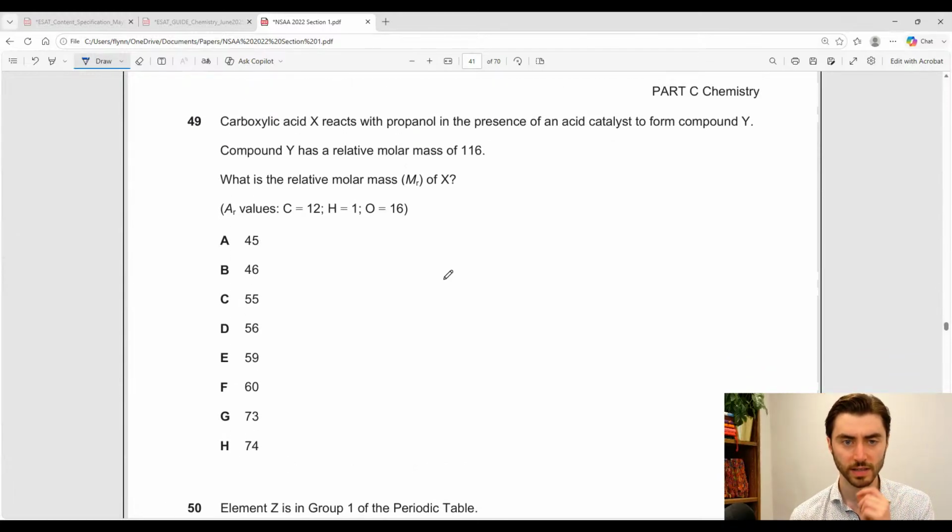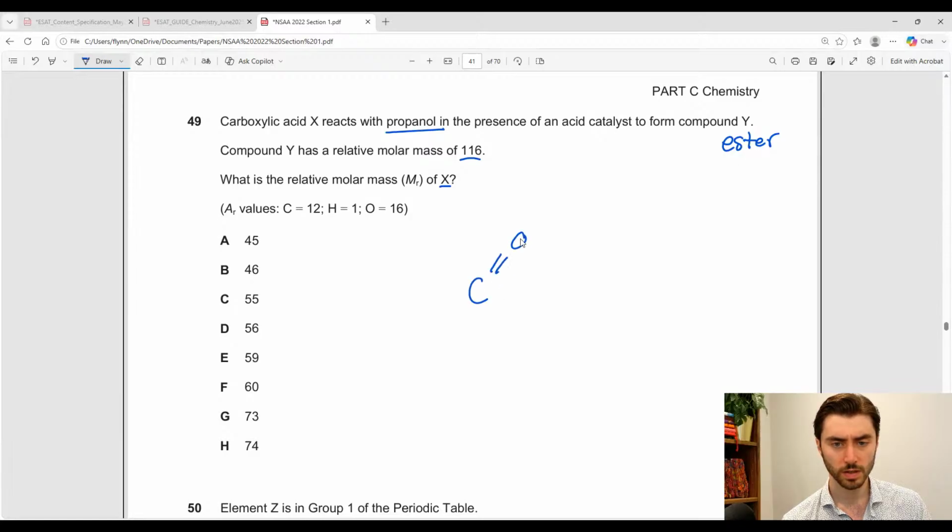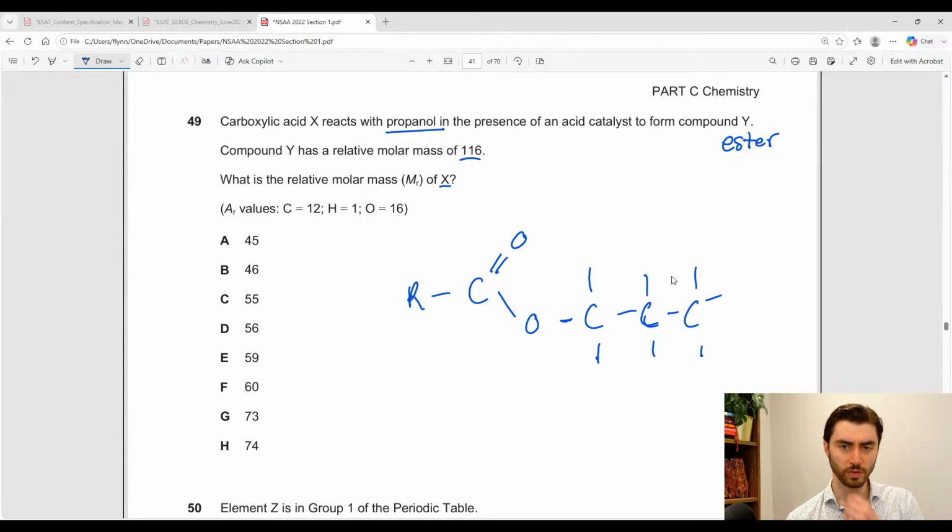Okay, so here a carboxylic acid reacts with propanol in the presence of a catalyst to form an ester. Relative mass of this. Oh, Jesus. Propanol. So COOCCC, HHHH. Then there's going to be an R group we need to work out. So 1, 2, 3, 4 is 48 already locked in, plus 32, plus 1, 2, 3, 4, 5, 6, 7 already locked in.